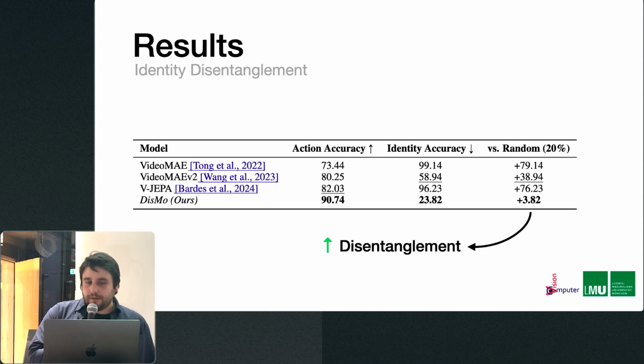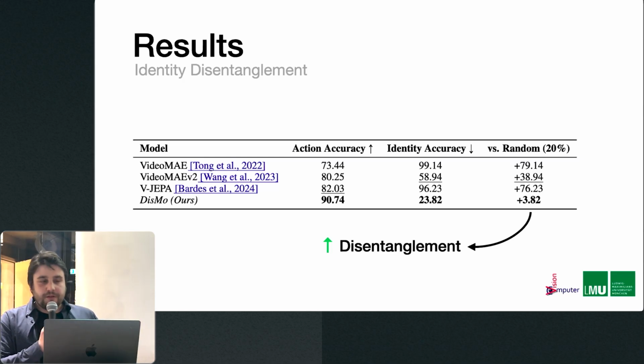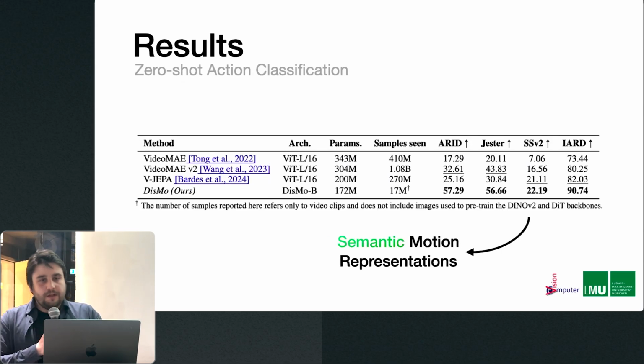And the result is exactly what we want, basically. Our motion representations retrieve the action of a person with a high accuracy, but the identity of a person with a very low accuracy. So basically, our motion representations retrieve the content just a little bit higher than by random chance, which is exactly what we want.